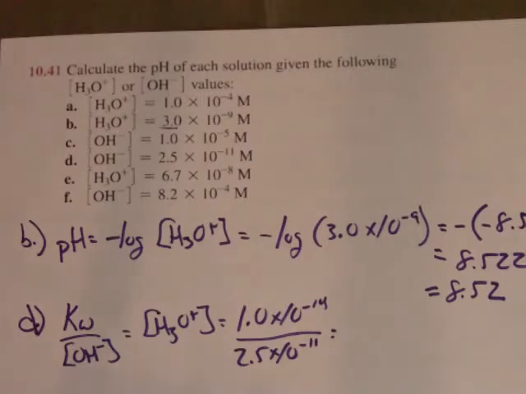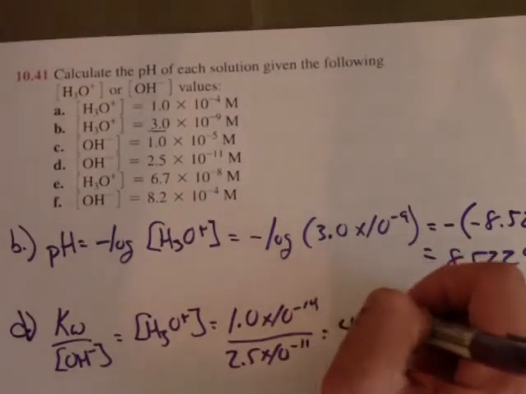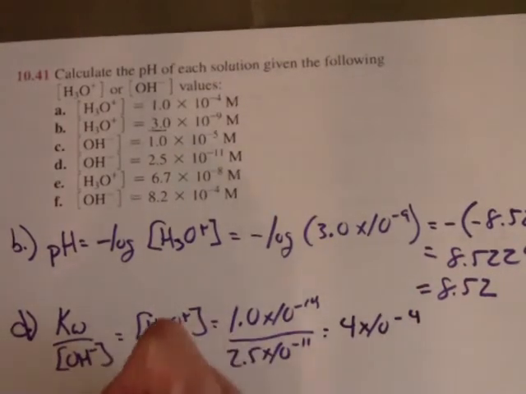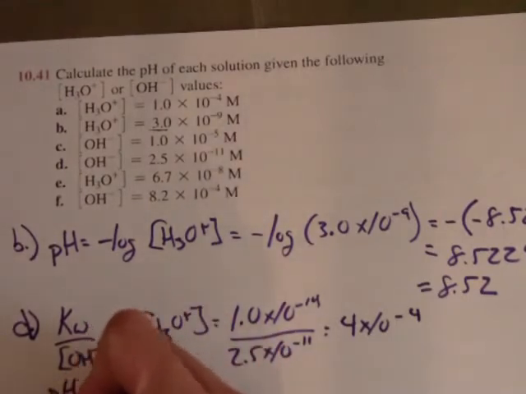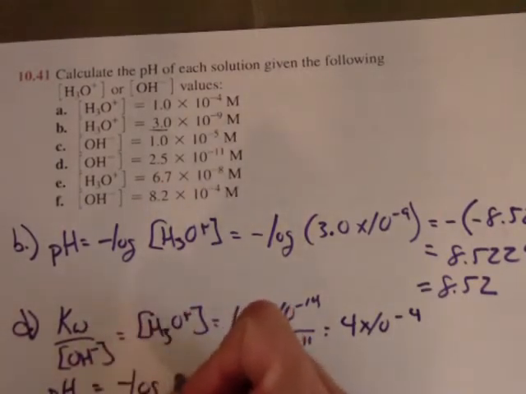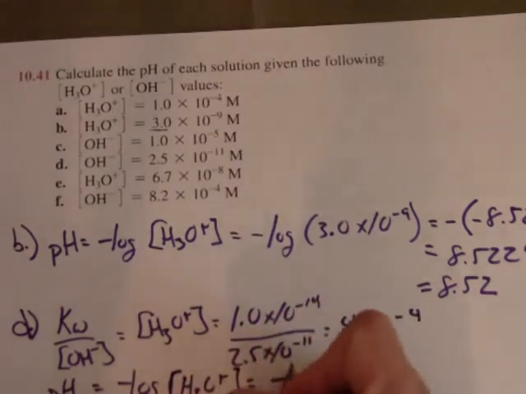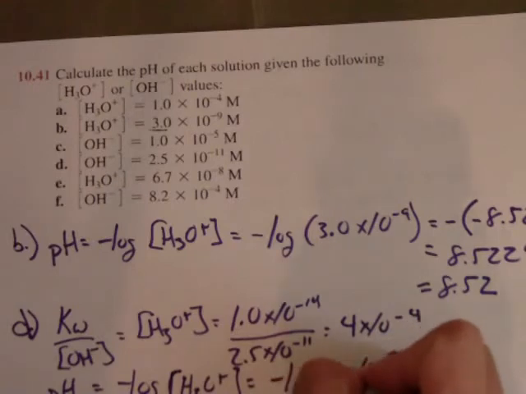And we get 4 times 10 to the minus 4. And then we can go on to the next step. pH is equal to the negative log of the H3O plus concentration, which is equal to the negative log of 4 times 10 to the minus 4.